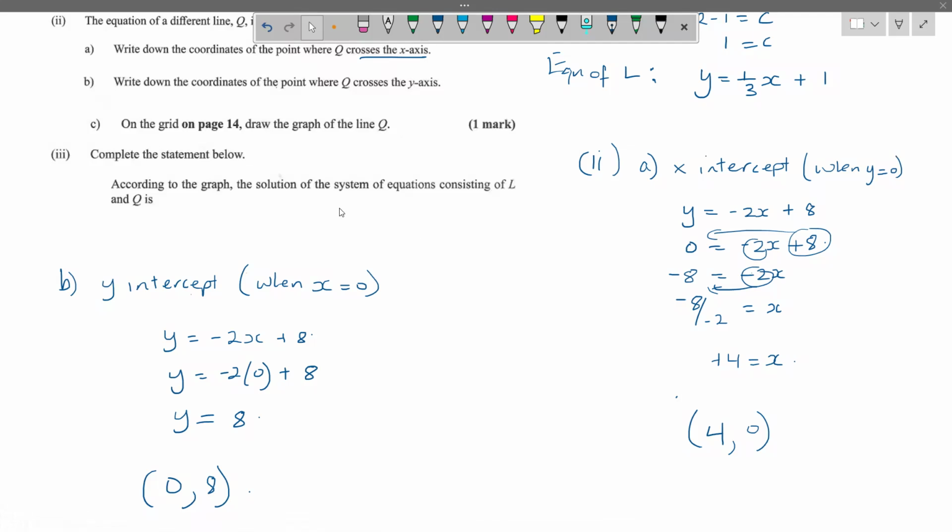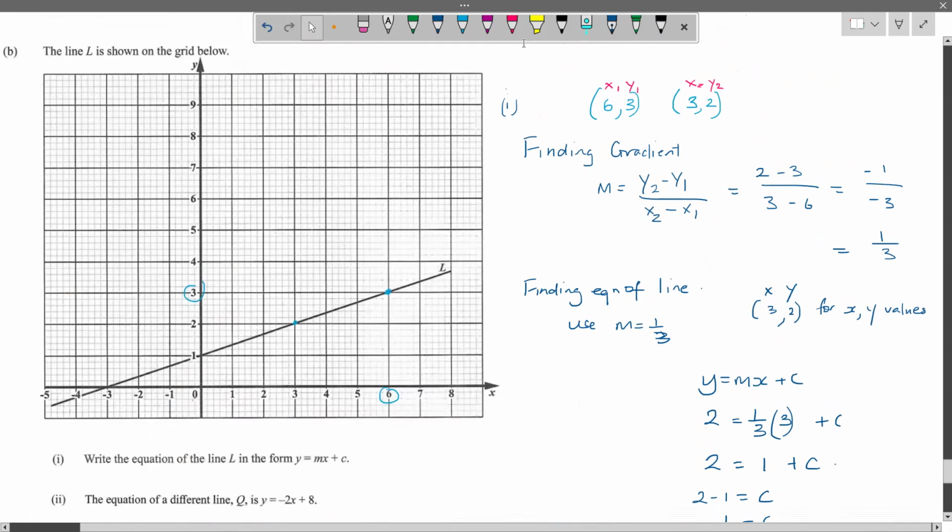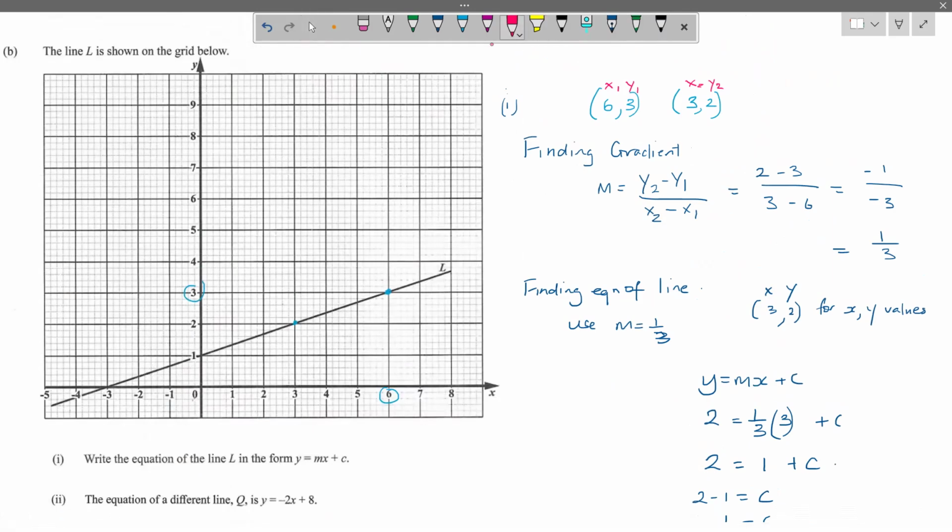All right. So for part C, they want us to draw on the graph the line Q. To draw a line, all you need is 2 points. We just found 2 points on that line Q. One is the y-intercept, which is 0, 8, and the other is 4, 0. So I just need to go on my graph and look for 0, 8, which is here, and 4, 0 here.